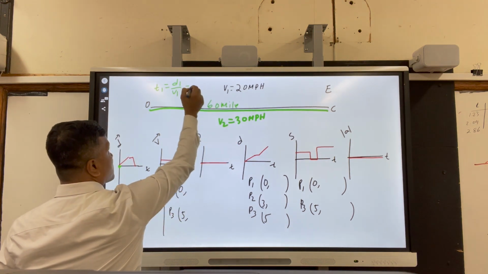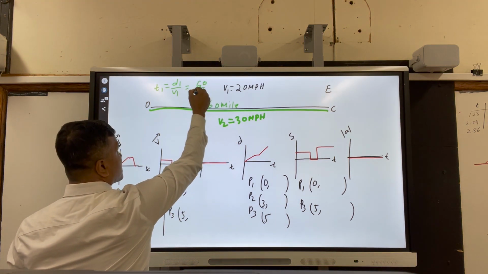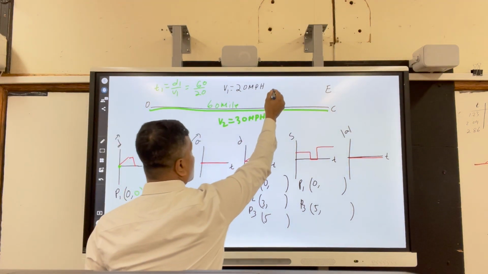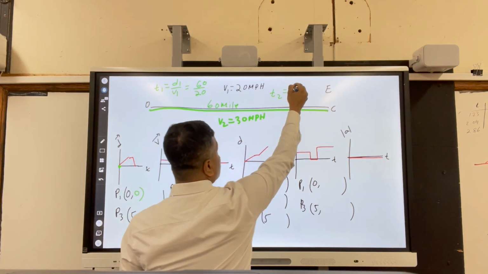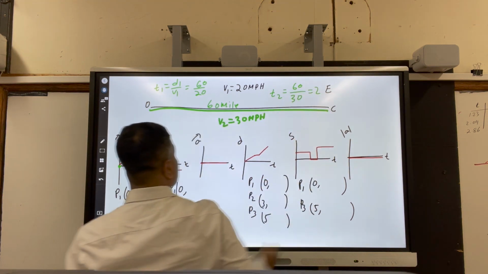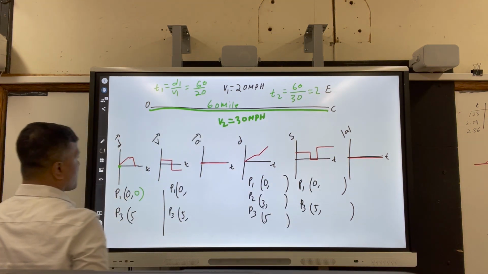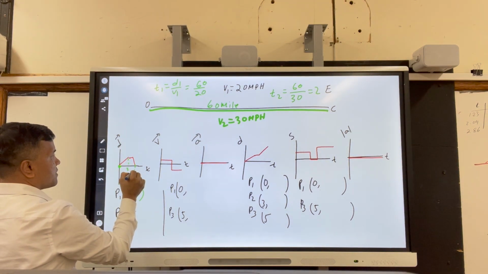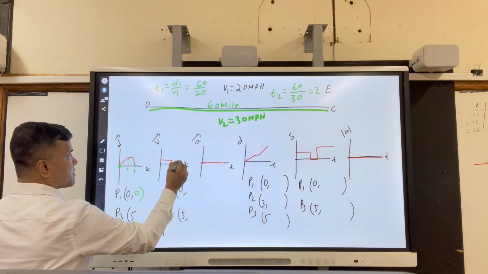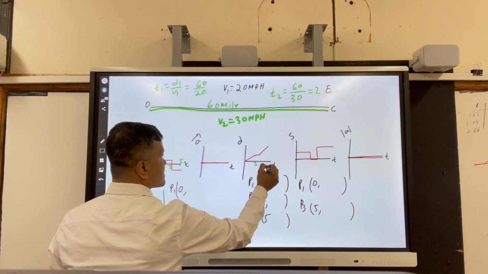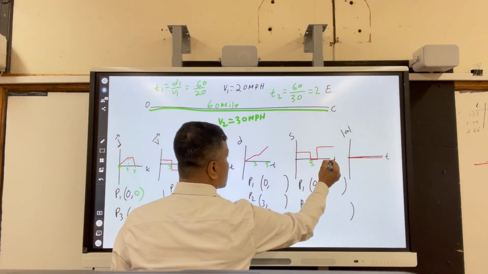All right, so the d1 is 60 over 20, which would be 3. So t1 would be 3, and t2 would be 60 divided by 30. So t2 would be 2. So total 5 hours. So this is 3 and this is 5.